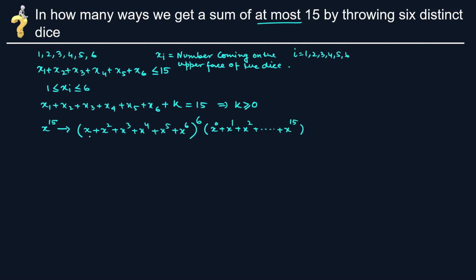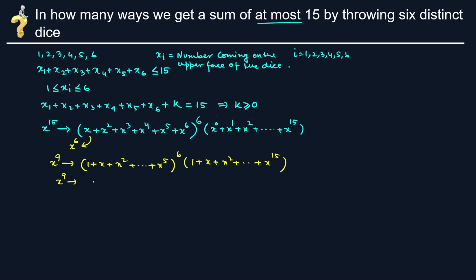So, if I take x common from this, actually x to the power 6 will come out. That is, we need to find out the coefficient of x to the power 9 in the expansion of (1 plus x plus x square, till x to the power 5) whole to the power 6. And this is 1 plus x plus x square till x to the power 15. So we want to find out the coefficient of x to the power 9.